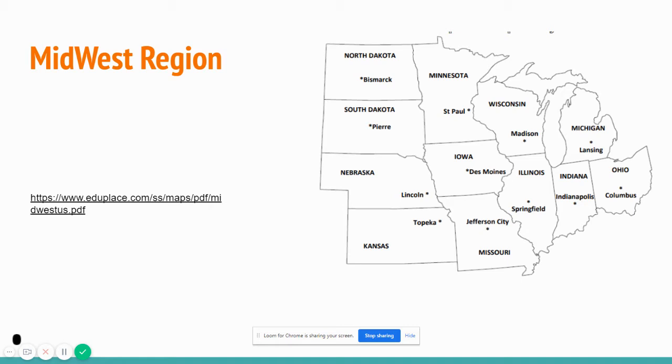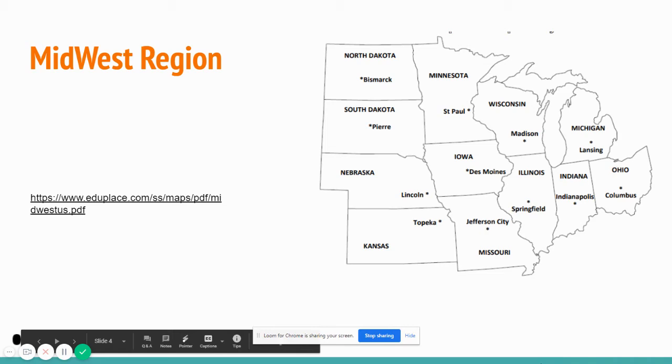In North Dakota, we have Bismarck, South Dakota, Pierre, Nebraska, Lincoln, Kansas, Topeka, Minnesota, St. Paul, Iowa, Des Moines, Jefferson City is the capital of Missouri, Wisconsin, Madison, Illinois, Springfield, Michigan, Lansing, Indiana, Indianapolis, Ohio, and Columbus. While you're looking at this map, if you've been to any of these states already, go ahead and color it in.